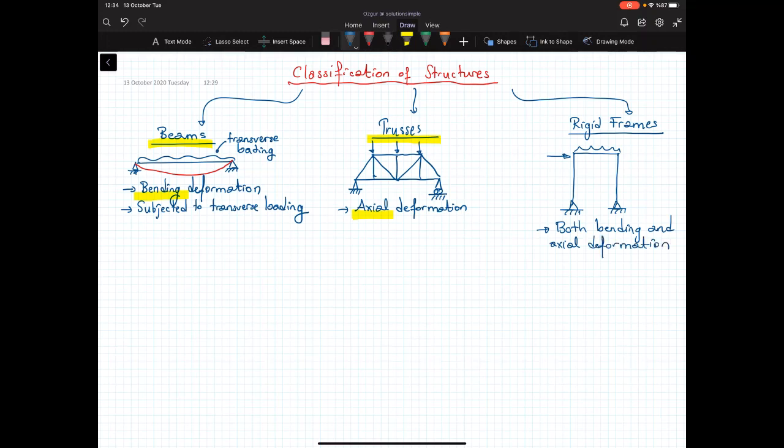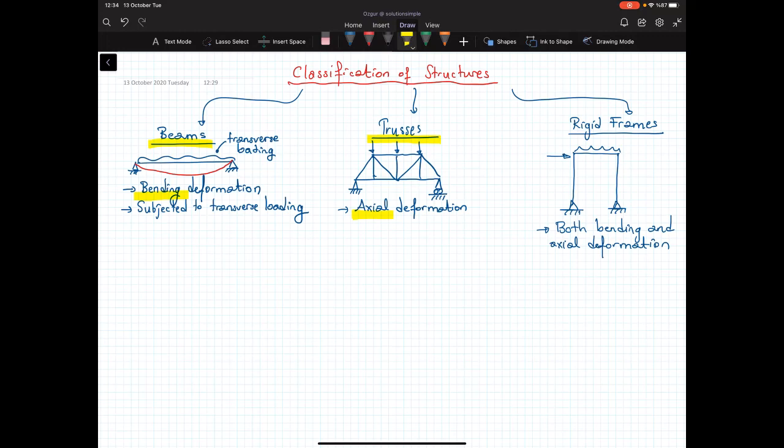As you see in structural analysis, we classify the structures according to their deformation behavior. So we have beams undergoing bending deformation, trusses undergoing axial deformation, and frames undergoing bending and axial deformation. So this is the classification that we make.